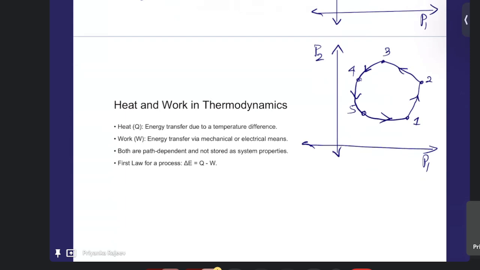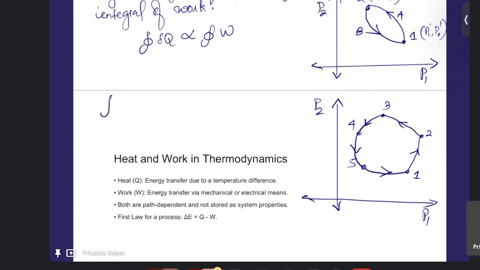So the cyclic integral of heat is equal to what? The integral of heat from state 1 to state 2, whatever heat is added or removed, we don't know. We just know that there is some heat in transit. Some flux of heat energy is happening, so we take it as delta Q. It can be positive or negative, we don't know.